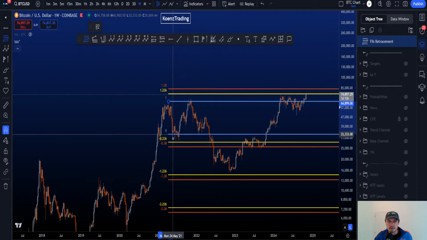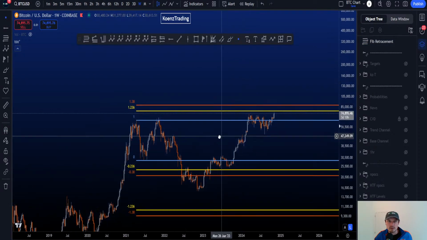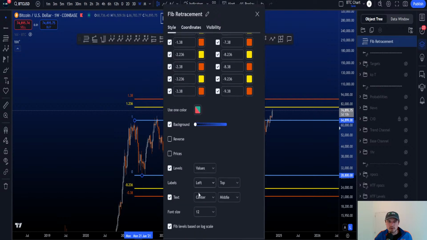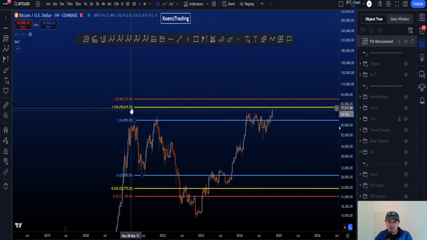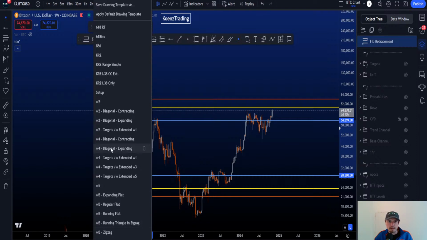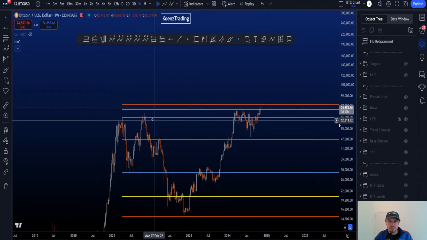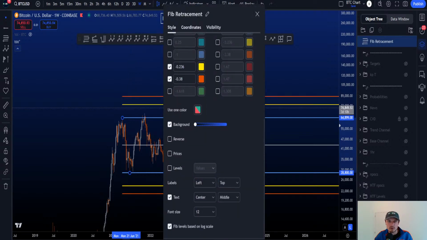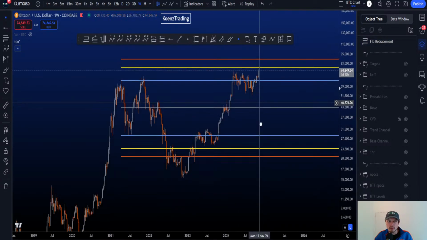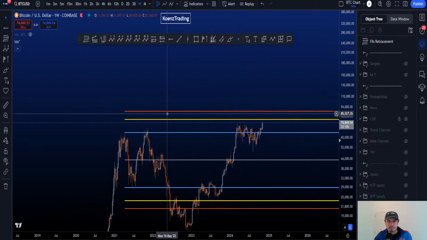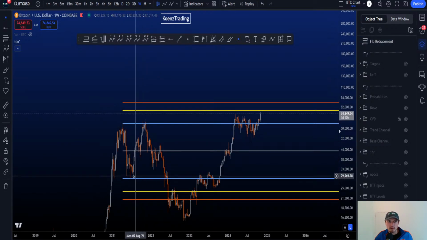Maybe I have to put prices on as well. Prices, middle. So you do have a zone here. This would be more something for the range version. It's all not on log. I only put everything on log at a later stage. But taken from this high to the low.